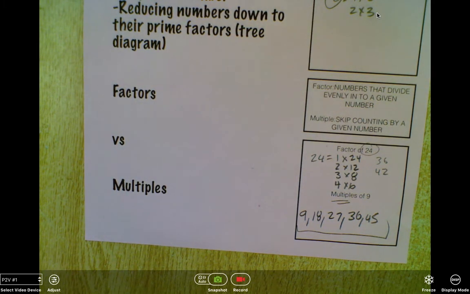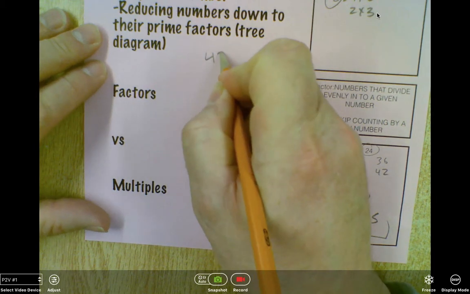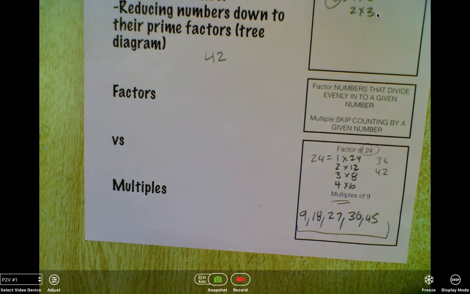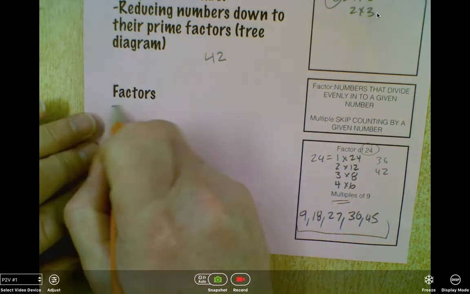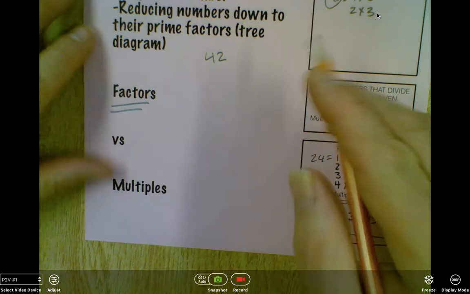Okay, so that is the first page. The last thing I'm going to do is when you have a composite number, let's say something like 42. Sometimes on the questions, it will ask you to reduce the 42 down to the prime factors. The best way to do that typically is like a tree diagram.